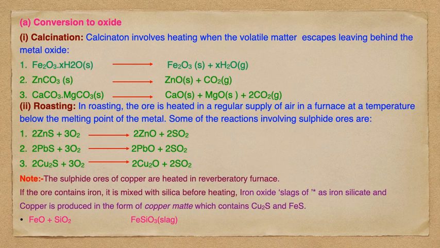Note, the sulfide ores of copper are heated in a reverberatory furnace, a special kind of furnace. If the ore contains iron, it is mixed with silica before heating. Iron oxide slags off as iron silicate, and copper is produced in the form of copper matte, which contains Cu2S and FeS.